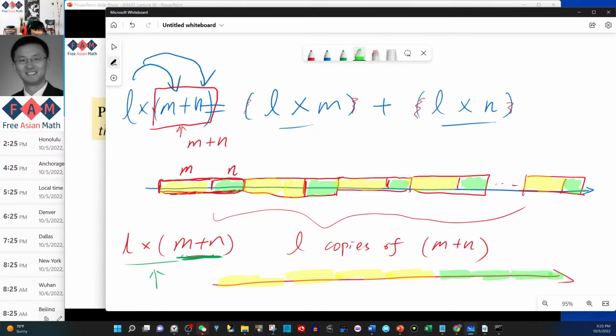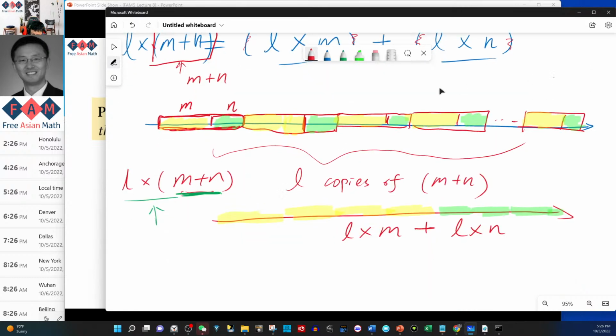And this is exactly L times m, all the yellow line segments combined first, plus L times n, all the green line segments combined second, then combined together. So that really shows L times (m plus n) equals L times m plus L times n.